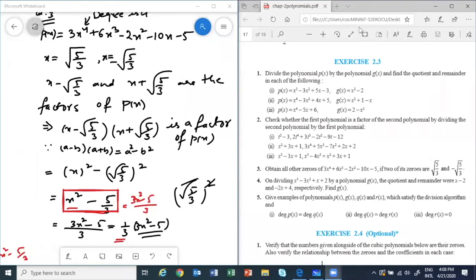Good, Nishant. Madhu, good. Swati, have you written? Okay, we'll proceed. Abhinav, good.